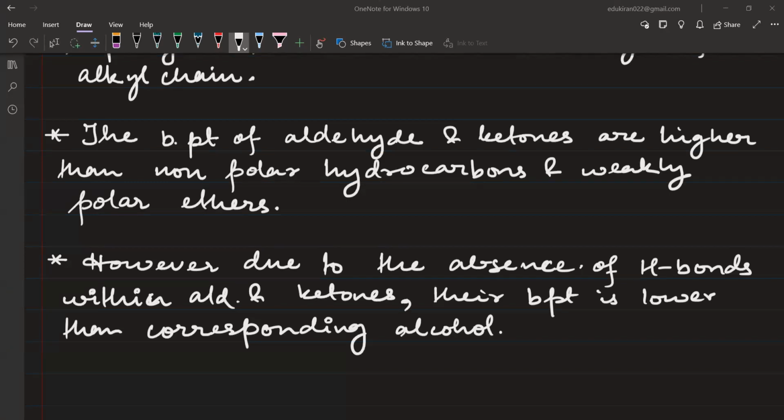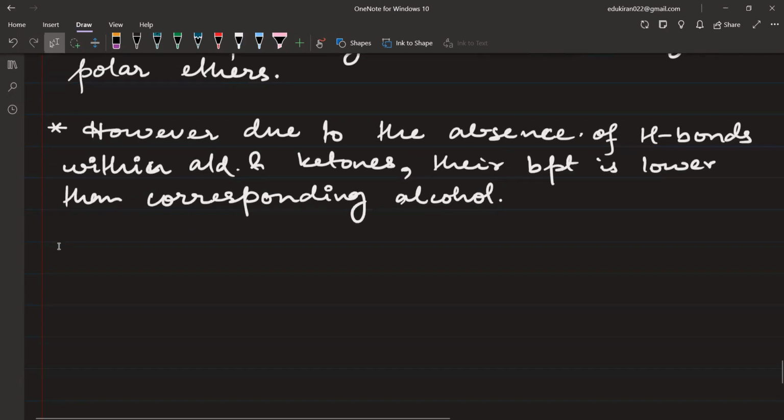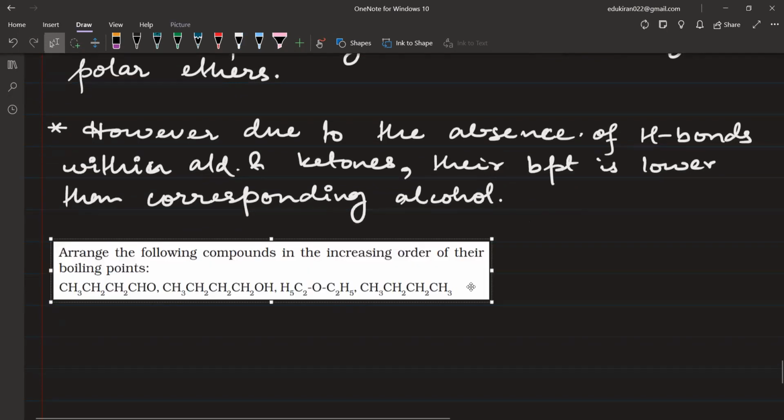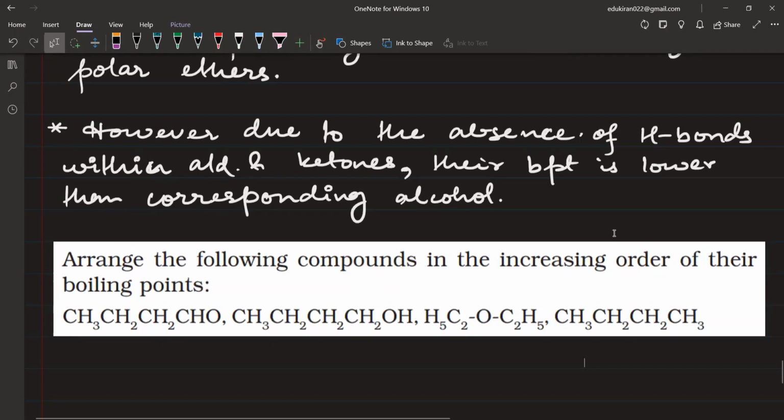Done, everyone? So you have been given in this question A, B, C and D, 4 structures.